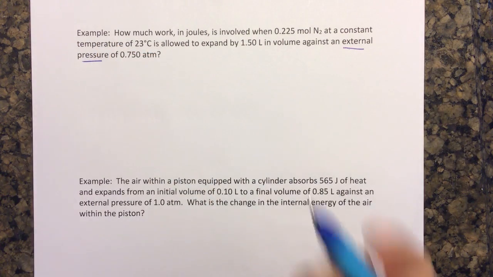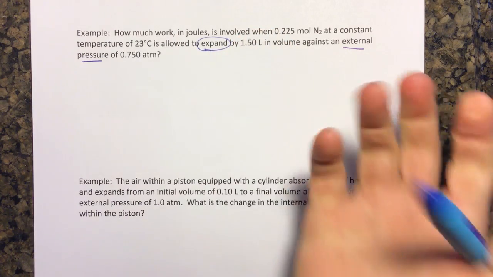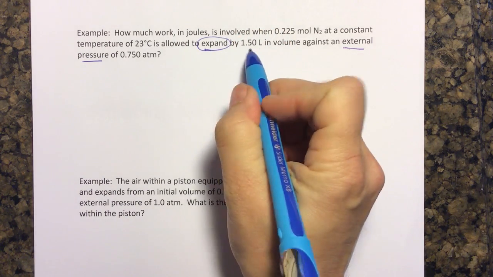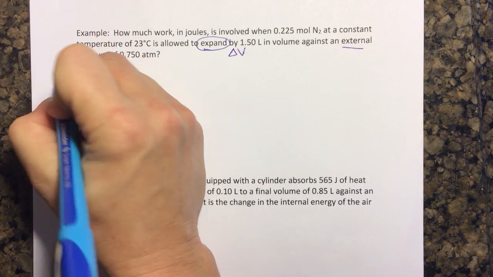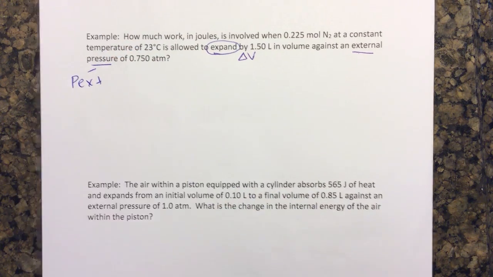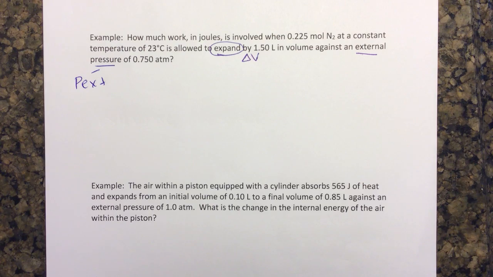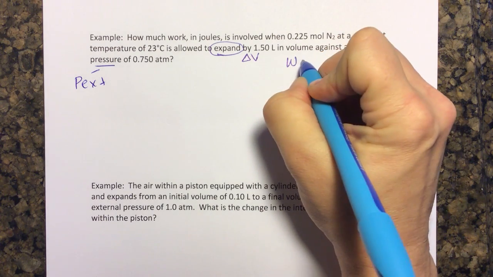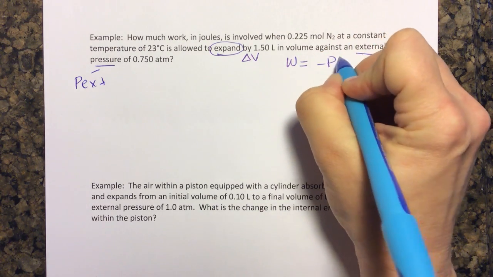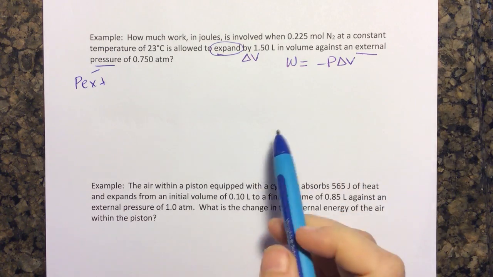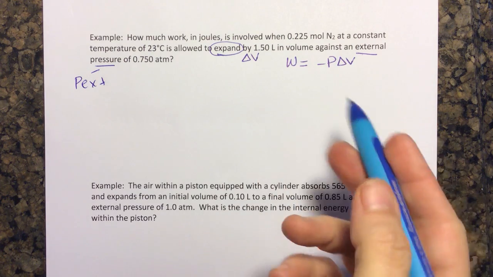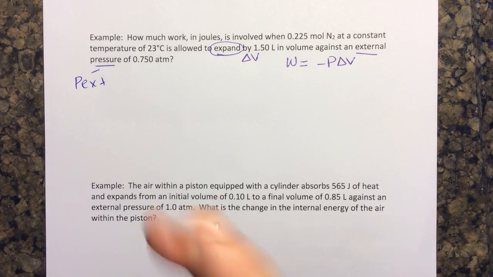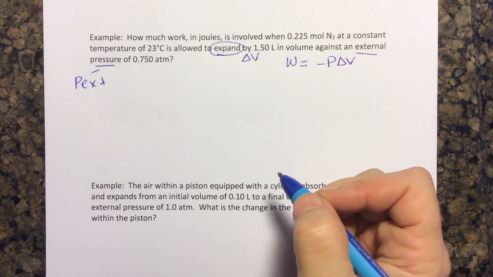If we see the word expand or compress, a change in volume, so this is our delta V, and an external pressure, then we know we will use that formula. The formula again is work equals minus P delta V. In these problems, you don't have to remember the sign convention for work; it'll work out in the formula. But for other conceptual problems, you're going to want to remember the sign convention.